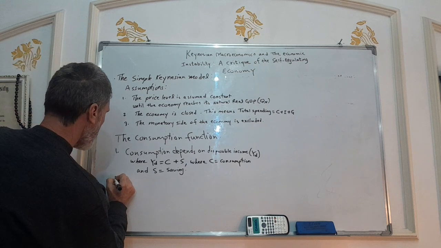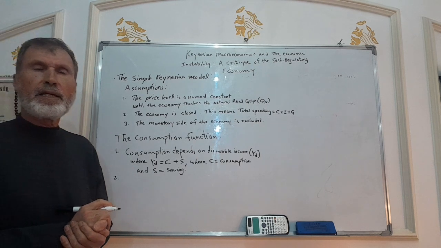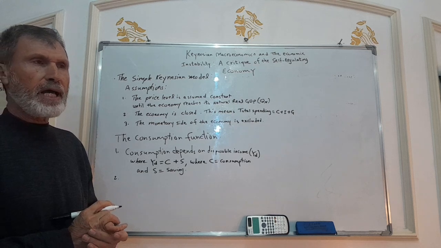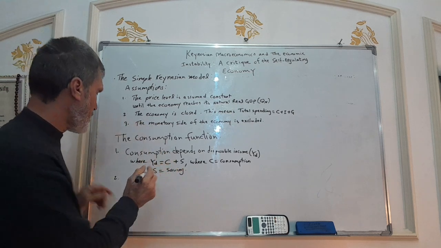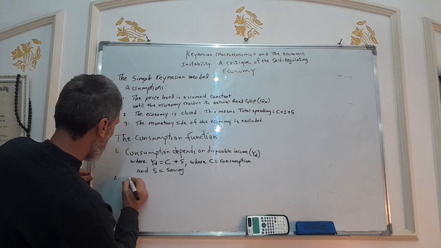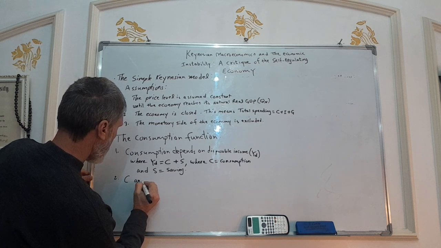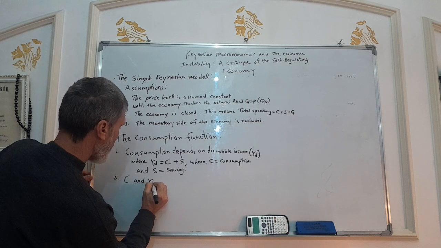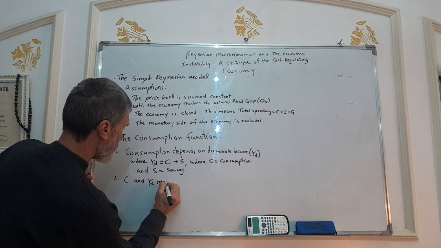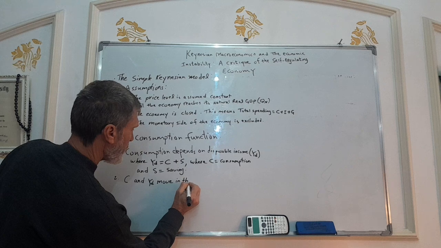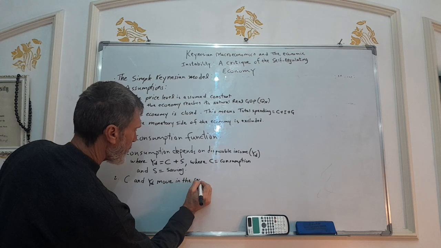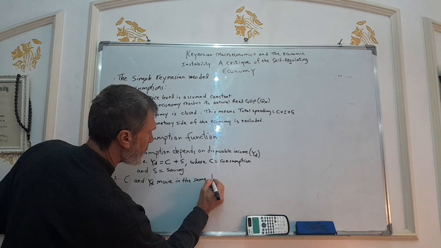The second point he made is that consumption, C, and disposable income move in the same direction.